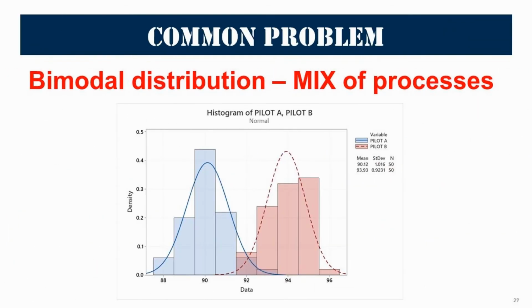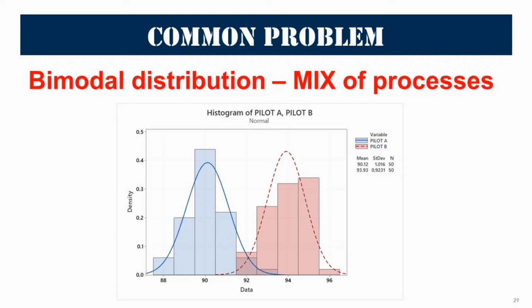If you observe this, most likely you are mixing parts. It's very common, like in the molding industry, that you have different cavities. Also, when you are mixing two different machines or two different lots, and these lots have different characteristics, different distributions, and therefore you are seeing this bimodal distribution.